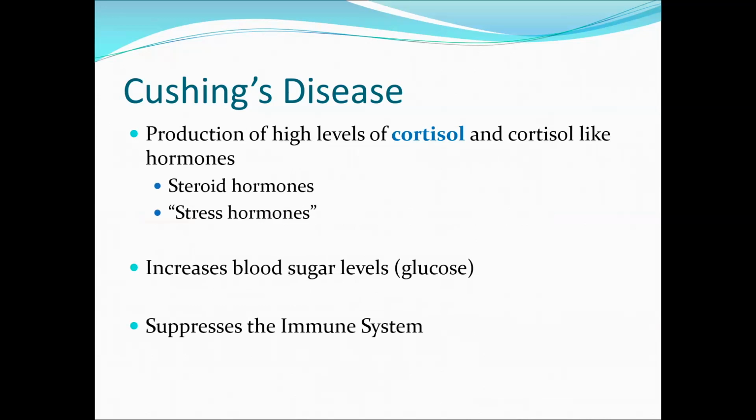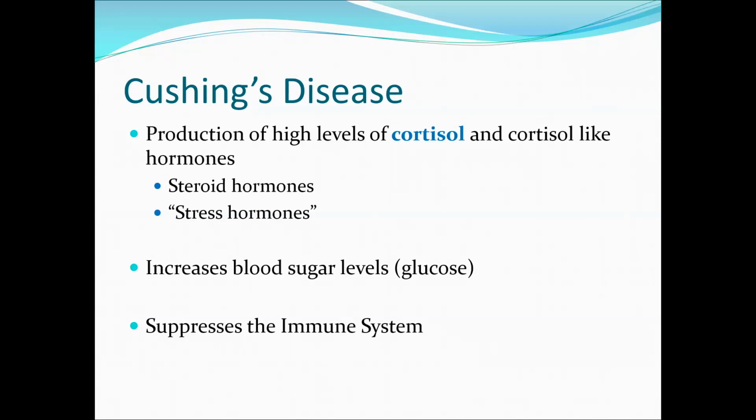All right, so what happens in these guys as that pituitary gland is overproducing all of those hormones listed on the other screen, those hormones go to another gland. All right, this gland is located at the kidneys. Anybody know what gland is associated with the kidneys that secretes hormones?